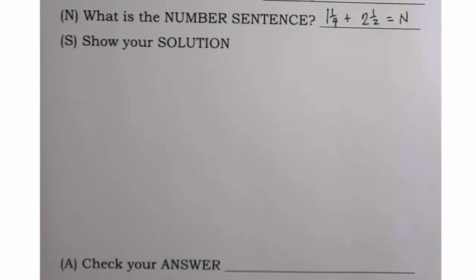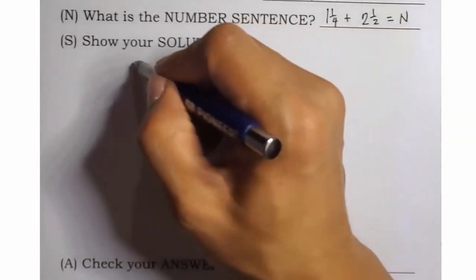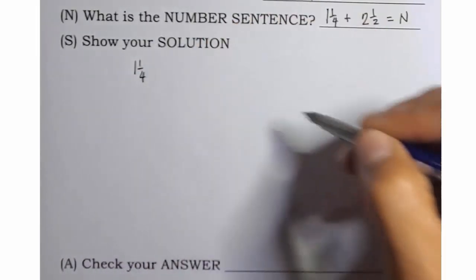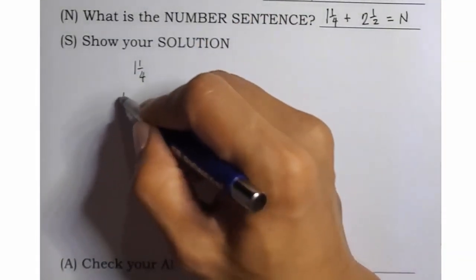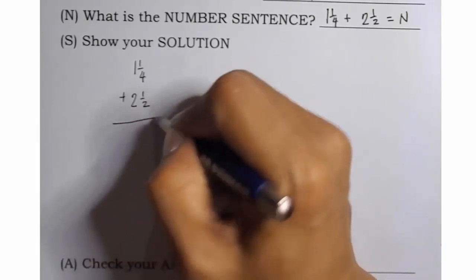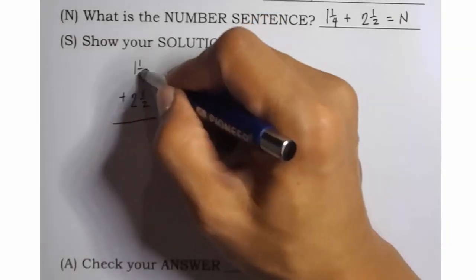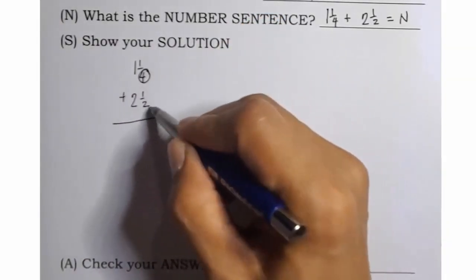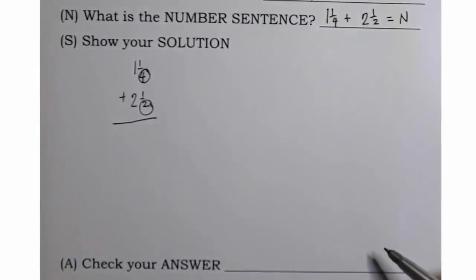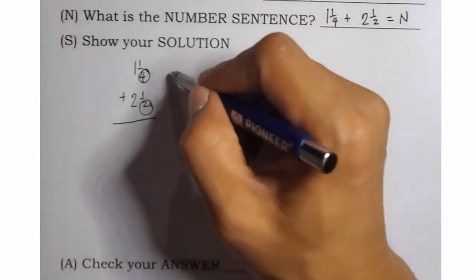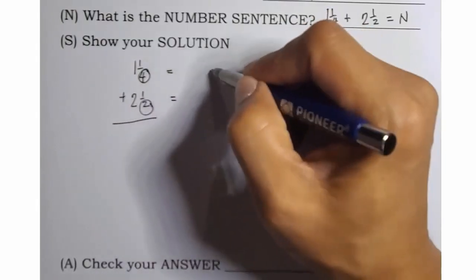So let me show you the solution for this problem. We do have 1 and 1/4 plus 2 and 1/2. Of course, we cannot just simply add these two fractions because they don't have the same denominator. The other one is 4, the other one is 2. So, what we shall do is to look for their least common denominator.